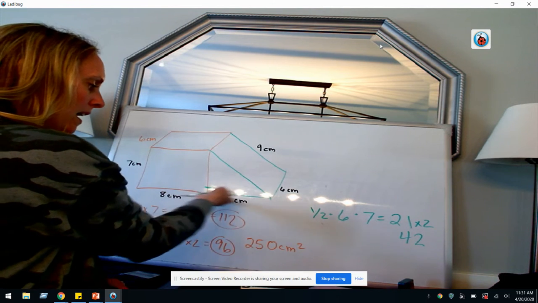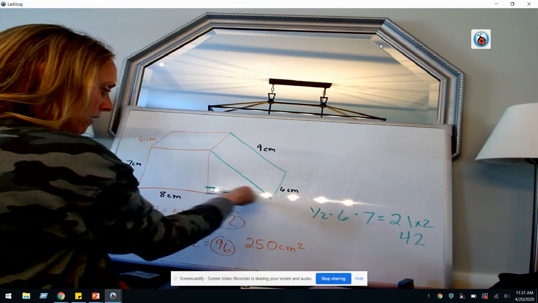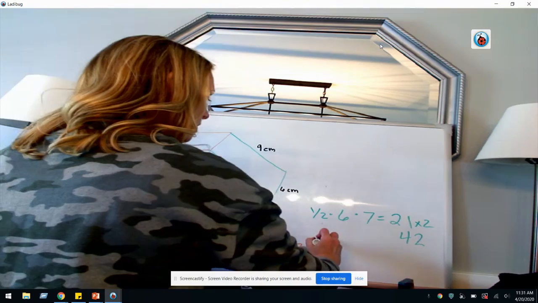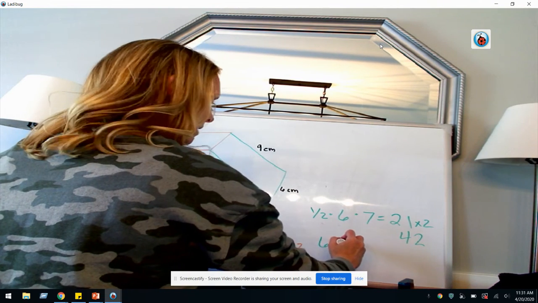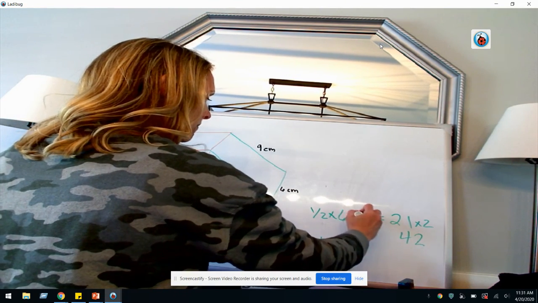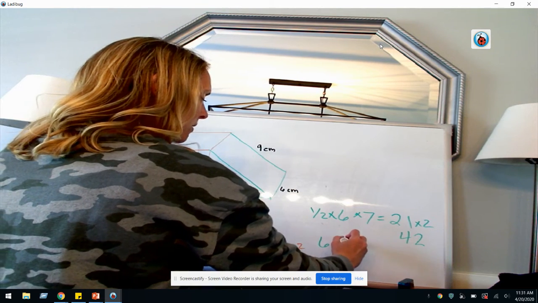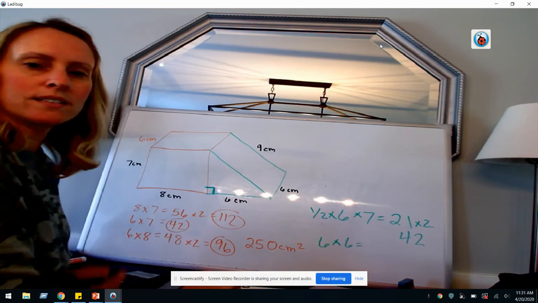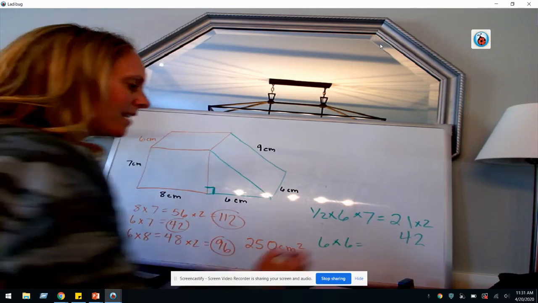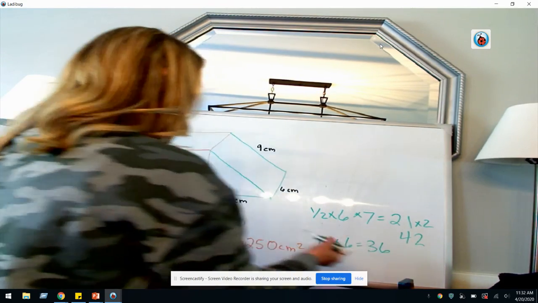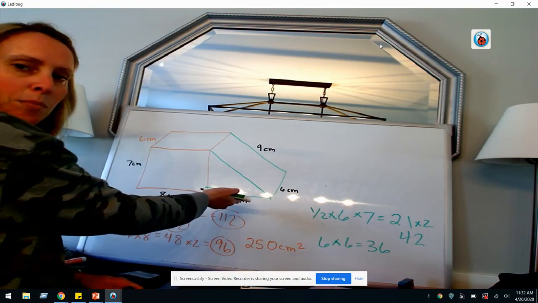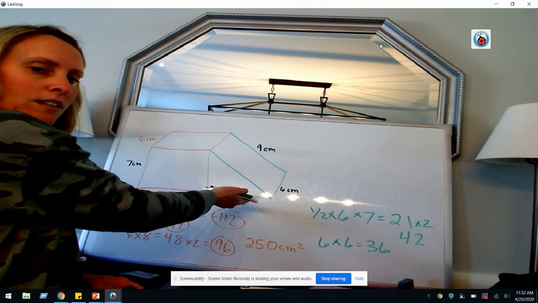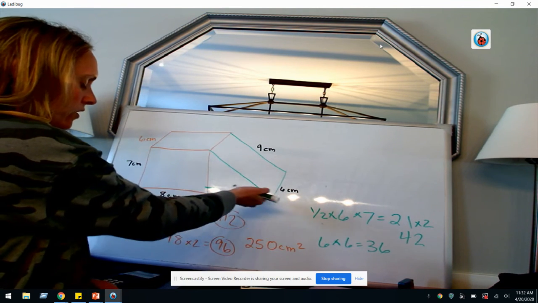Then I have this bottom part here. So that's going to be length times width, which is 6 times 6. Oh, you know what? I was doing dots, now I'm doing times signs. Sorry, guys. 6 times 6 is 36. That's the base. That's the part we can't see because it's on the floor of this triangle.